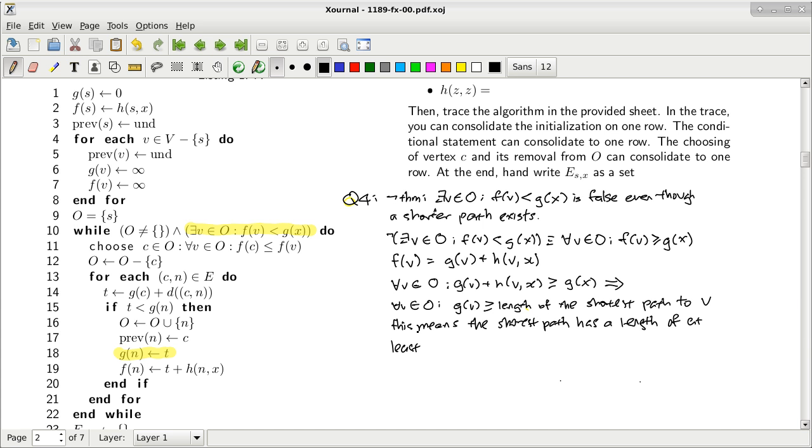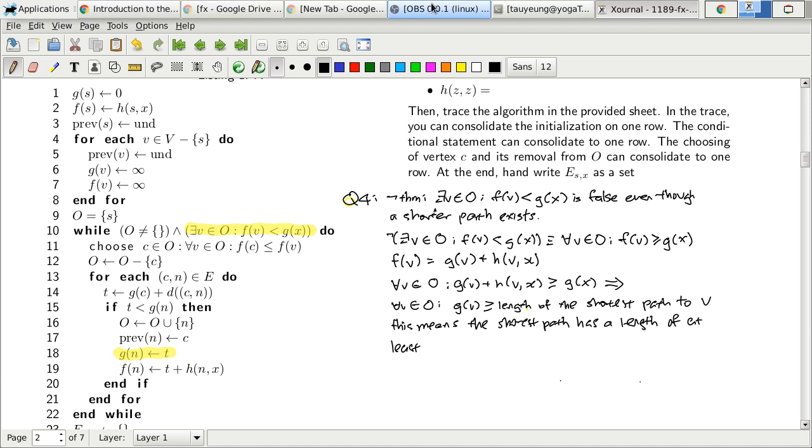Line 18 says the new g value of a vertex cannot be less than the current g value of a vertex in O already. And as a result, okay, let me pause the recording first because I know what I'm thinking, but I cannot put it into words just yet. So let me pause the recording.